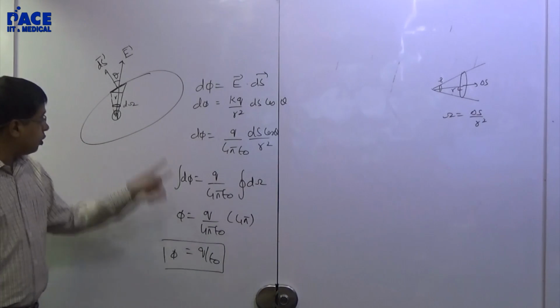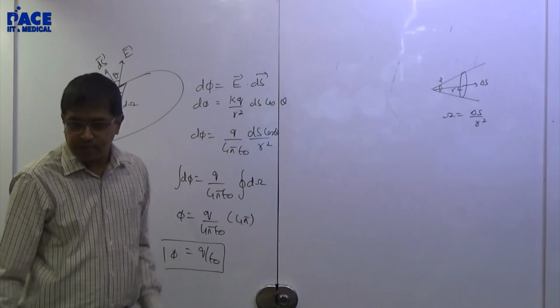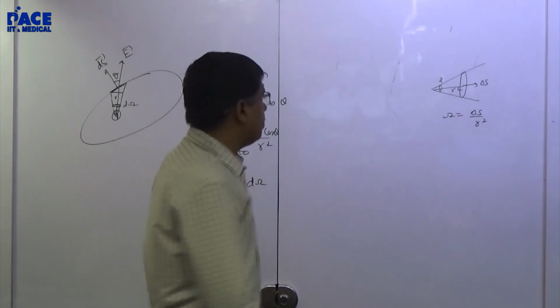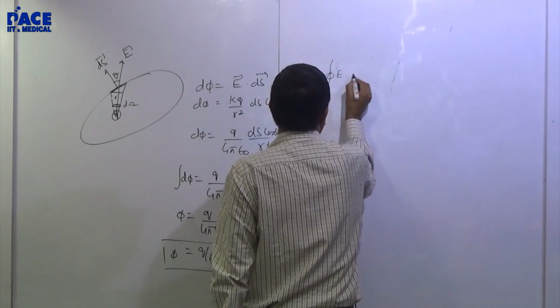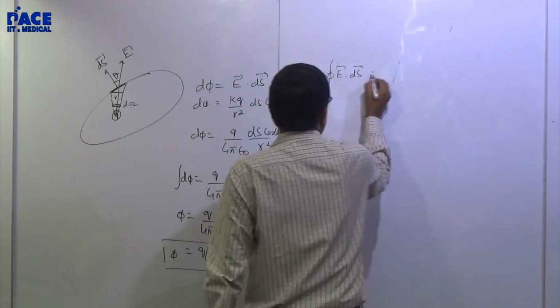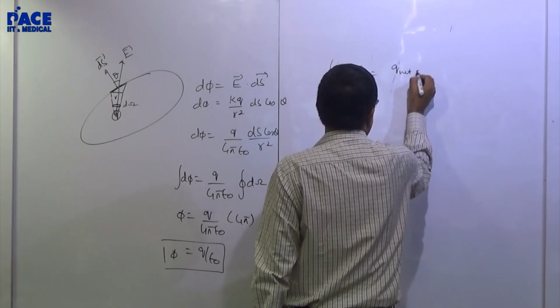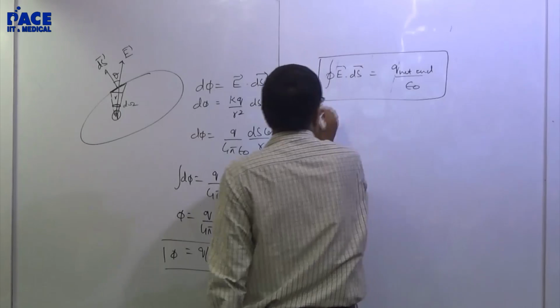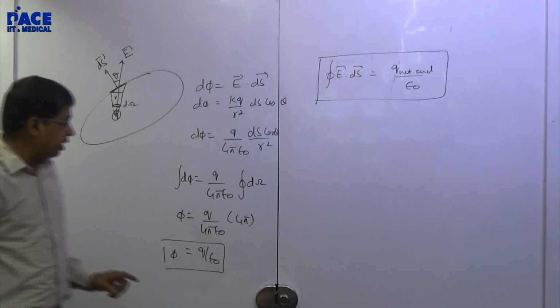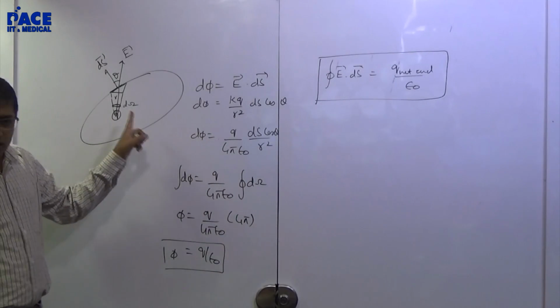Q is the net total charge enclosed inside. If this turns out to be true, this is the way you write Gauss law. Closed integral E dot dS will be q net enclosed by epsilon naught. Closed integral E dot dS will be the flux through this surface.